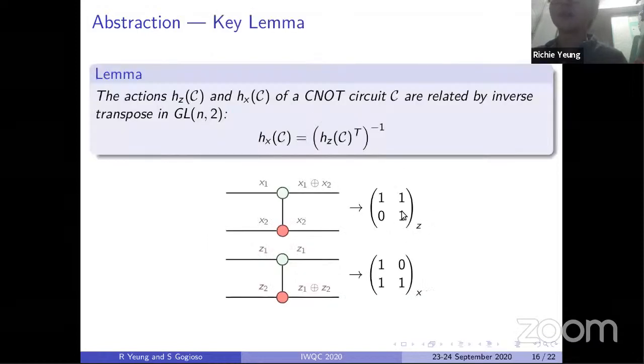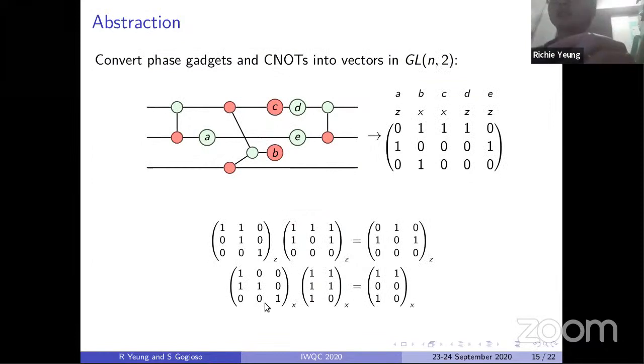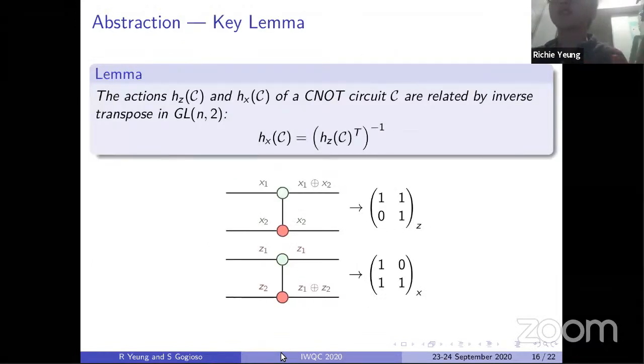Okay, now here's the key lemma for the simplification method. It turns out the action of the CNOTs on the Z phase gadgets and on the X phase gadgets are related through the inverse transpose. So here we have the canonical example where we just have a CNOT.